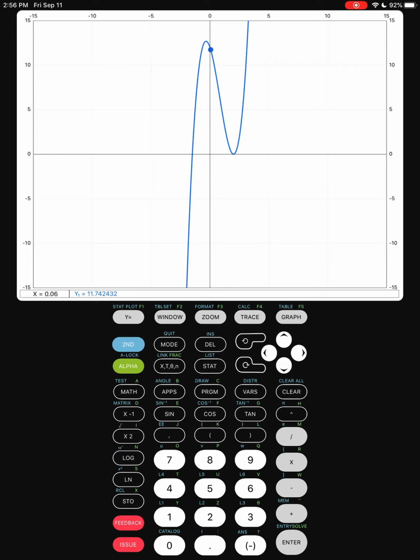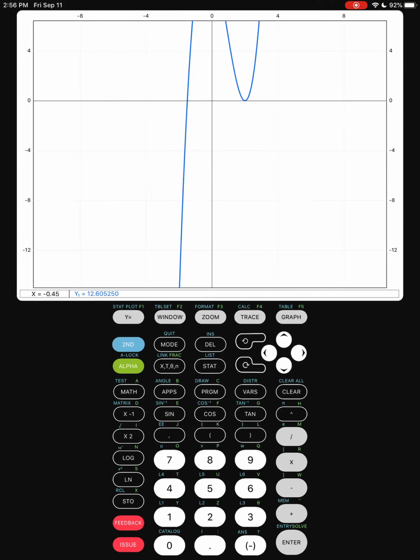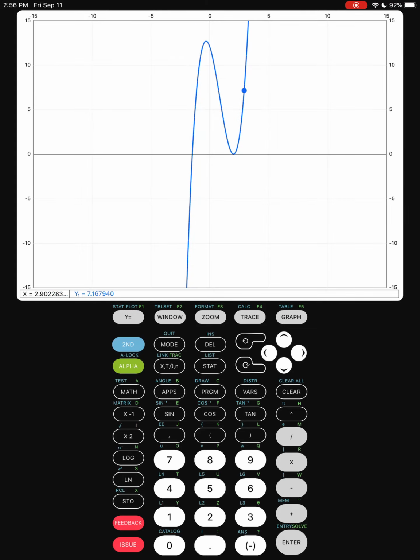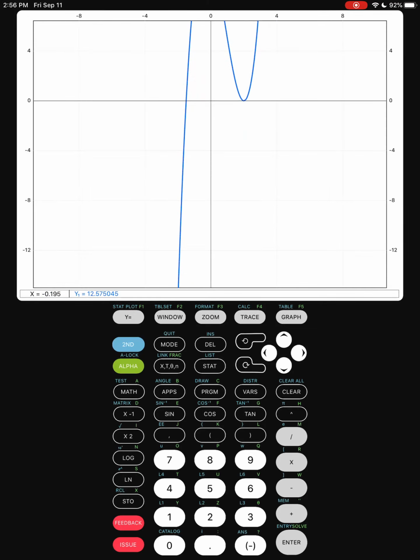On my graph, I can see that it's approximately 12, so I'm going to go up and put that there. Then I can see that the relative max is just a little bit higher than that, maybe about 12.5 or so.